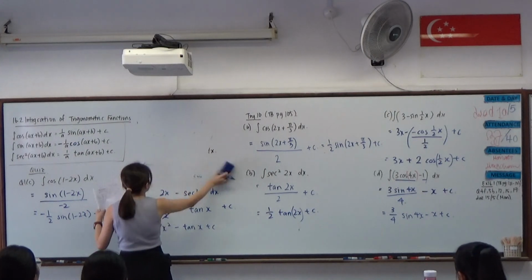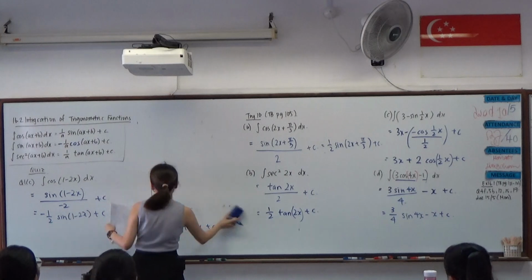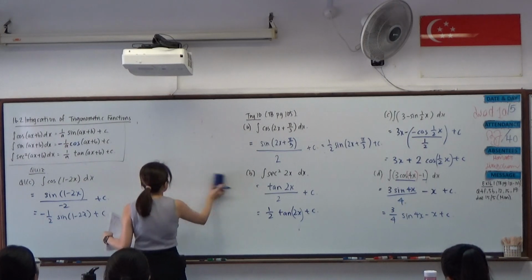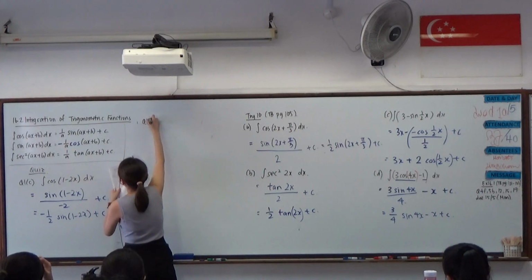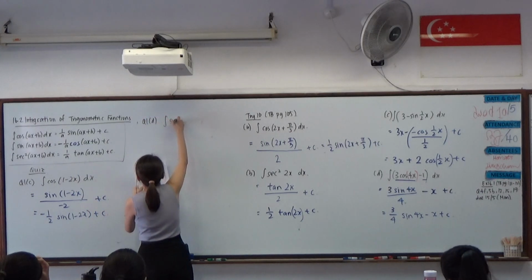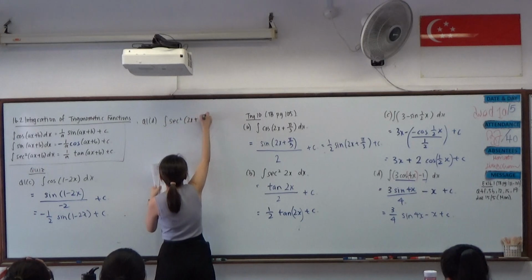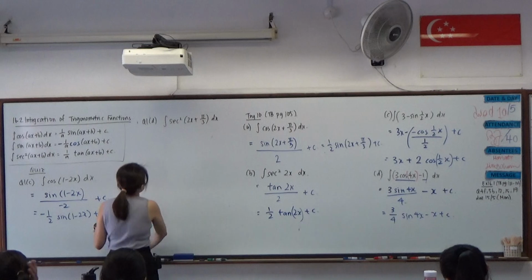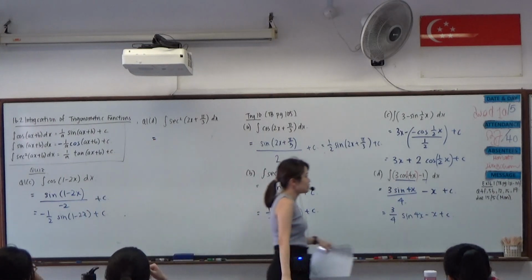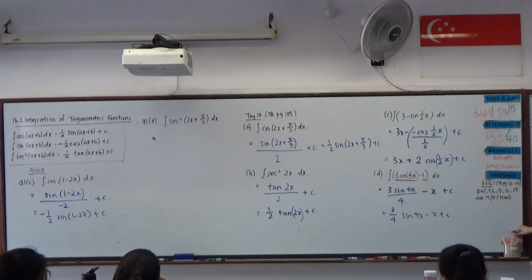And then in the other trigo function in your quiz, we want to integrate secant square. So what do you think we would be getting when we integrate secant square of 2x plus pi over 3?